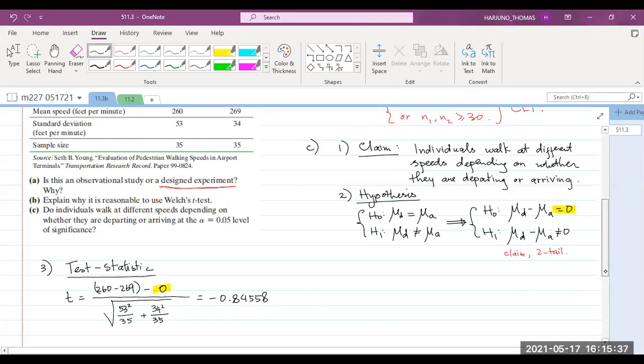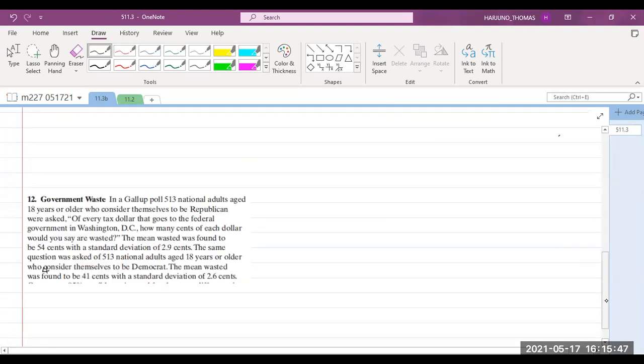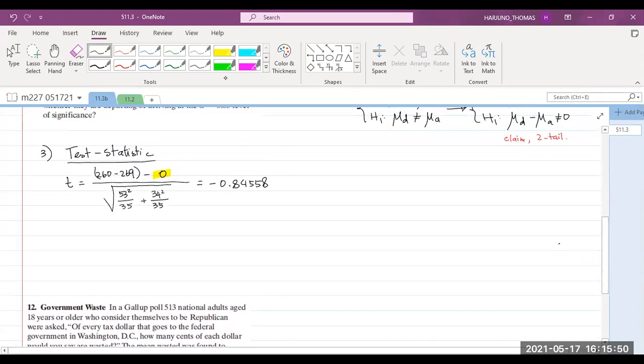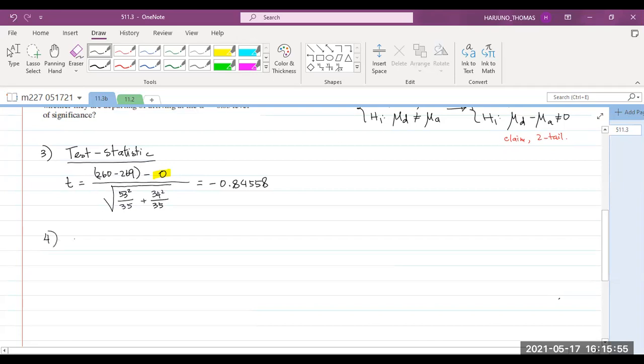And then step 4, the p-value. We have negative 0.84558.